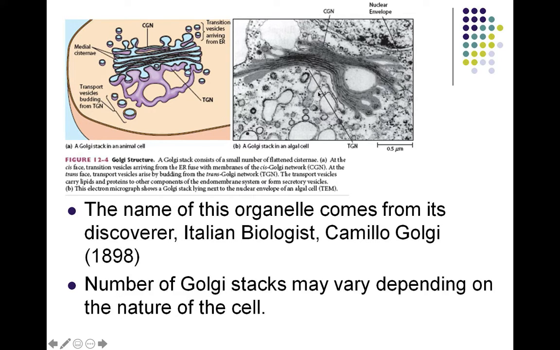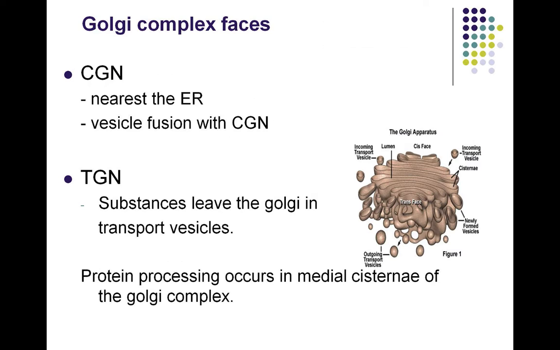Now, more about these two important areas of the Golgi complex. At the CGN, you expect vesicles fusing with it, and the transport vesicles are primarily from the ER, while the TGN, which is on the opposite side of the network, you expect substances to leave this area.